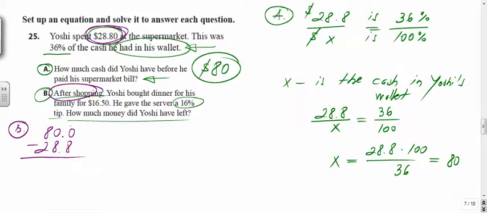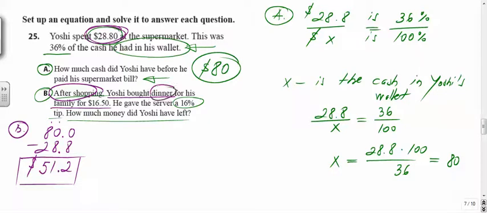Well, 8 out of 0 you have to borrow, right? 8 out of 10 will be 2. Bring down the decimal point. 8 out of 9 will be 1. And 2 out of 7 will be 5, right? So we know that Yoshi has $51.2 when he was paying for family dinner.